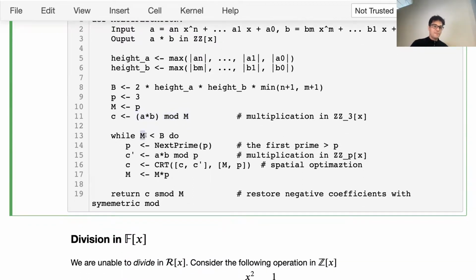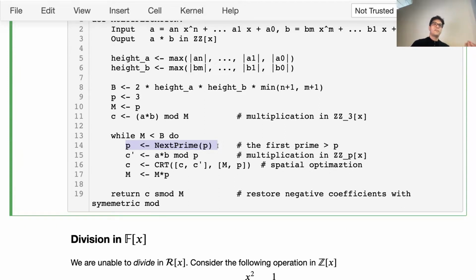So while M, which is the current modulus you're working with, is less than the bound that it needs to be, just generate the next prime after P. Julia has this function, next prime. I think we discussed this last counseling session. It's definitely included in Julia.